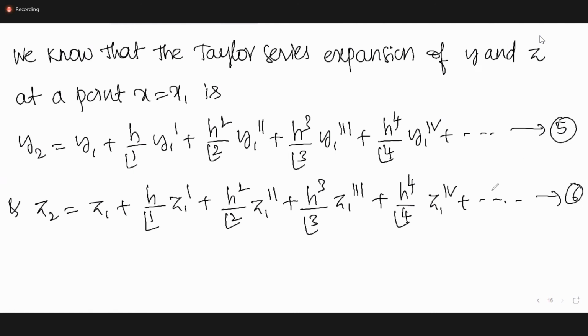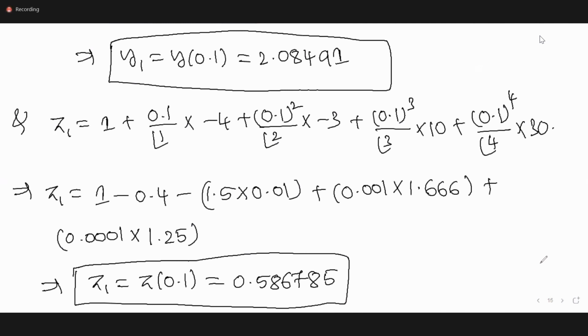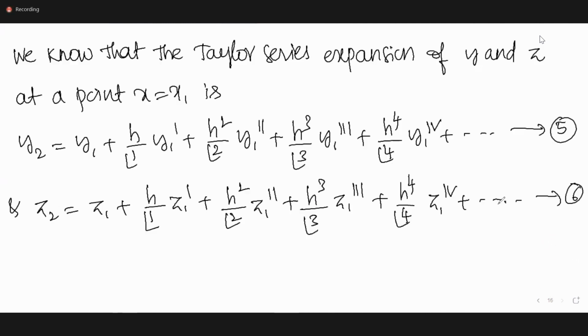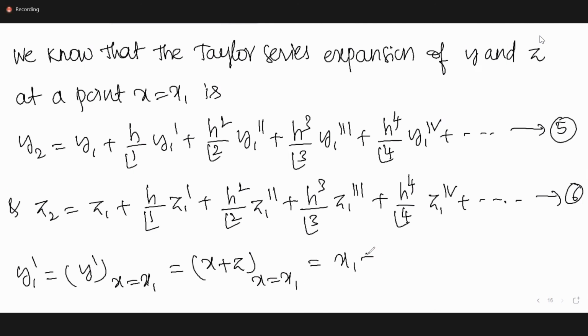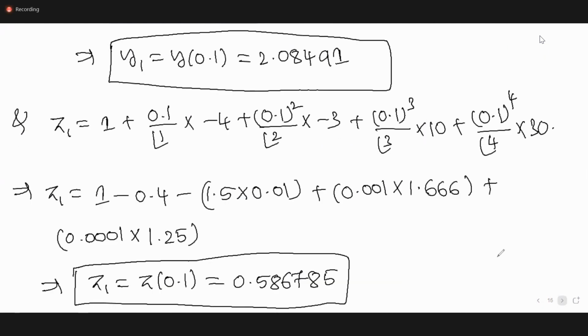And we have y1, z1. y1 is equal to 2.08491, z1 is 0.586785. We calculate y1 dash, y1 double dash, y1 triple dash, y1 fourth derivative. First, y1 dash is equal to y dash at x is equal to x1. y dash is x plus z at x is equal to x1, nothing but x1 plus z1. x1 is 0.1, z1 is 0.586785.